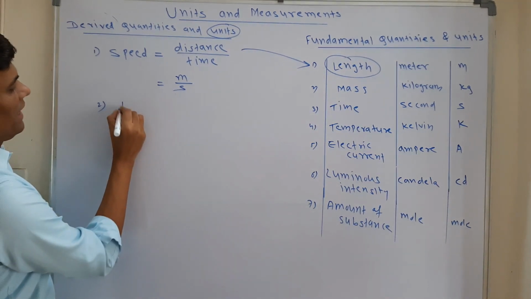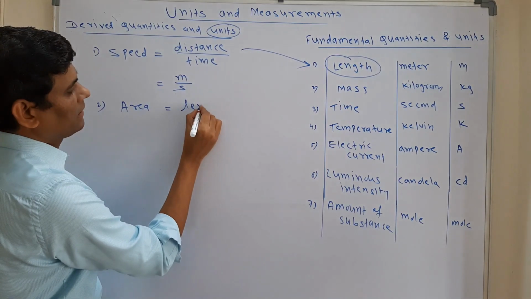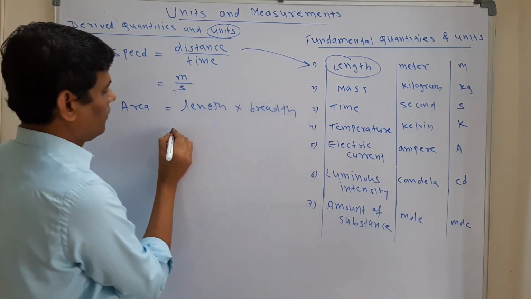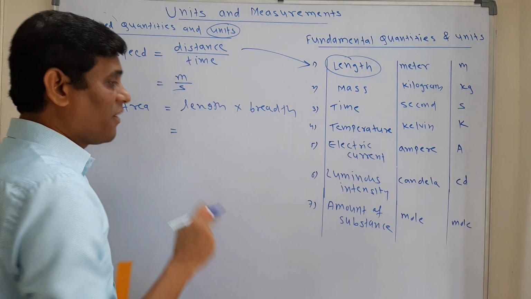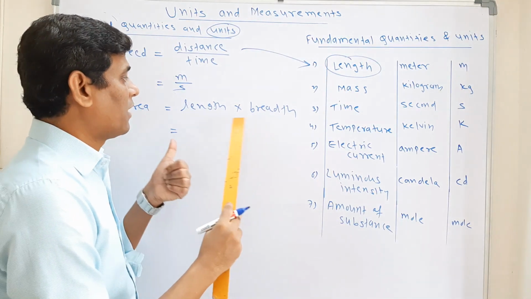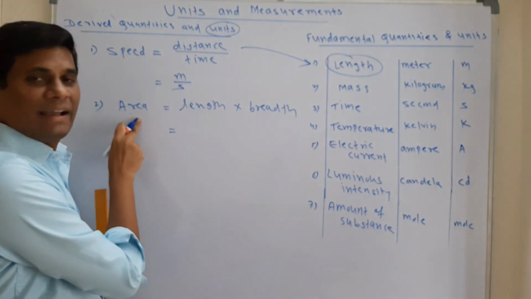Second example, suppose area. Area of a rectangle you can say length into breadth. Okay. So area of a rectangle you cannot find directly. What do you require? You require the length, you require the breadth, then multiply them, you will get the area.